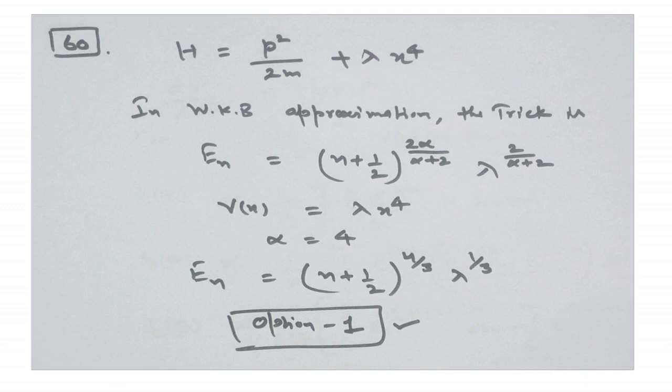And now in WKB approximation, the trick is to find the relation between energy, n and the constant term in the potential part. So that is (n plus half) raised to power 2 alpha upon alpha plus 2, and lambda raised to power 2 upon alpha plus 2. Now here just put the value of alpha and we get the relation. And that will become En equal to (n plus half) raised to power 4 upon 3 and lambda raised to power 1 upon 3. So that is the right answer, which is option 1.